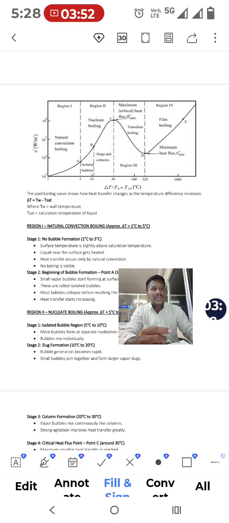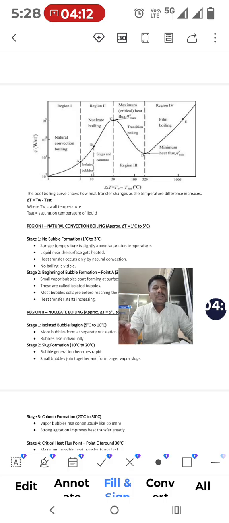This region is called the nucleate boiling region. It happens in two stages. One is isolated bubbles: from point A to B, bubbles are formed in the water, and further they convert into cylinders and columns.